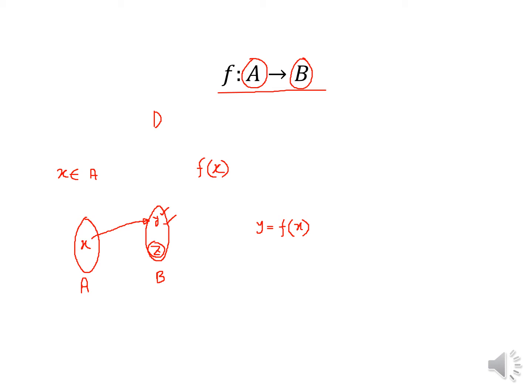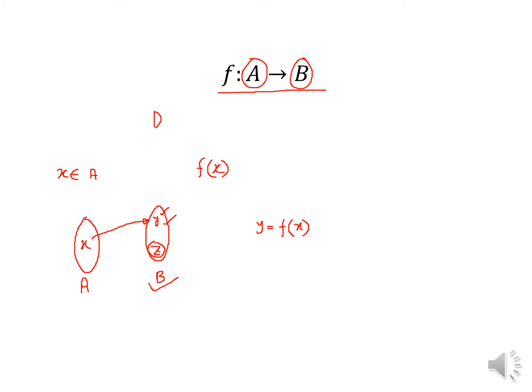The set consisting of all elements of B is called the codomain of f. So the codomain of f is the set consisting of the elements y and z together.